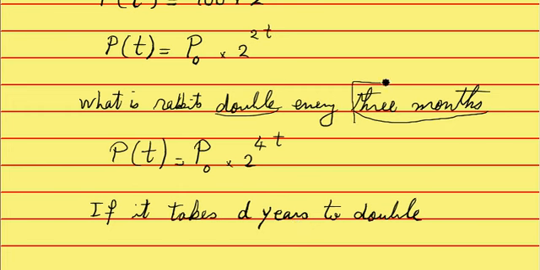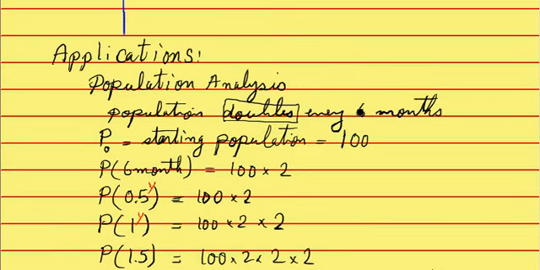How many years does it take for the rabbits to double? 3 months is a quarter of a year. So d is 0.25. How about here? What is d in this case? d, 6 months, is half a year.